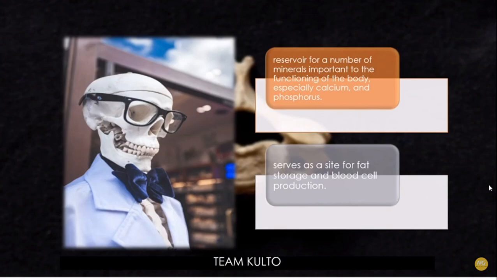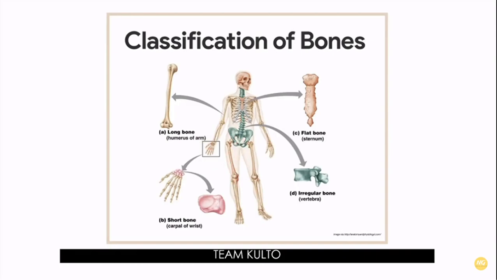These minerals incorporated into the bone tissue can be released back into the bloodstream to maintain levels needed to support physiologic processes. Bone also serves as a site for fat storage and blood cell production. The connective tissue that fills the interior of most bones is referred to as the bone marrow.